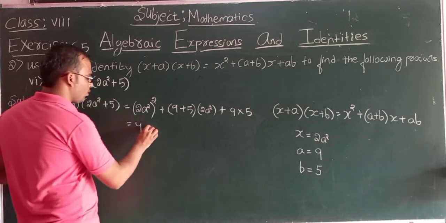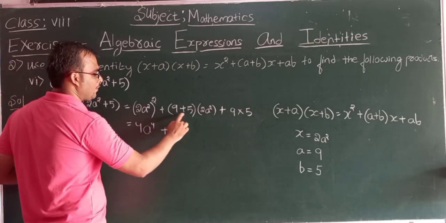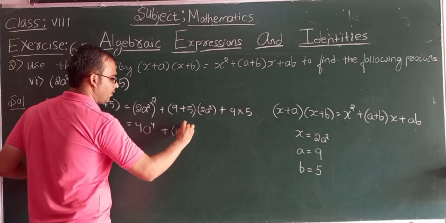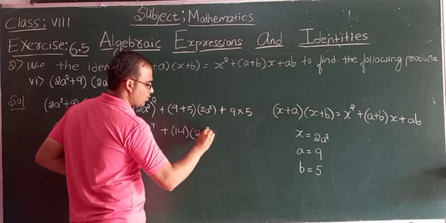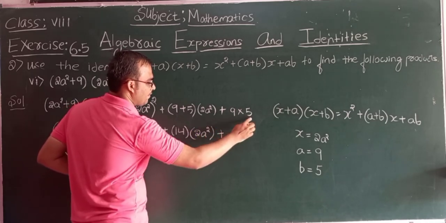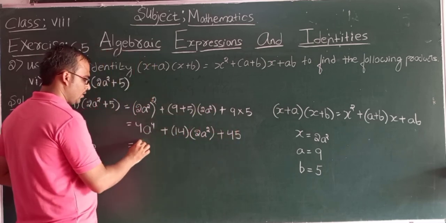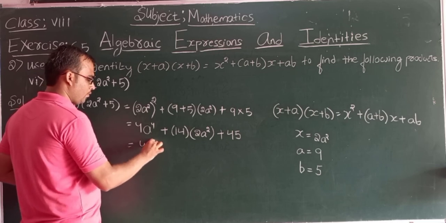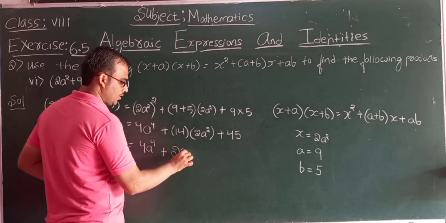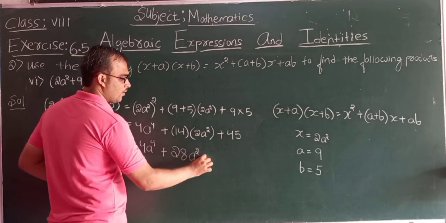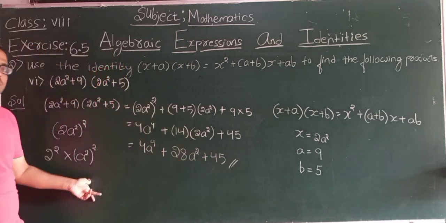So a to the power 4. 4a to the power 4 plus 9 plus 5 will be 14, into 2a square plus 9 5s are 45. Next, 4a to the power 4 plus 14 2s are 28a square plus 45. So this will be the solution of the sixth problem.